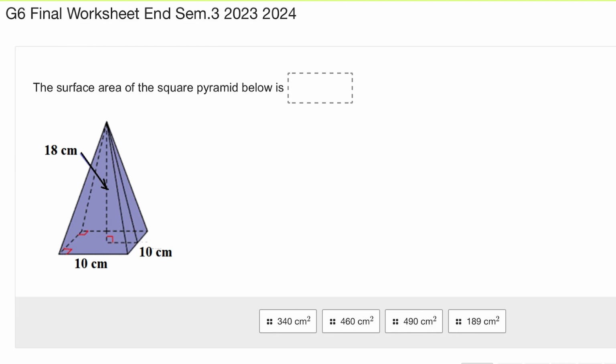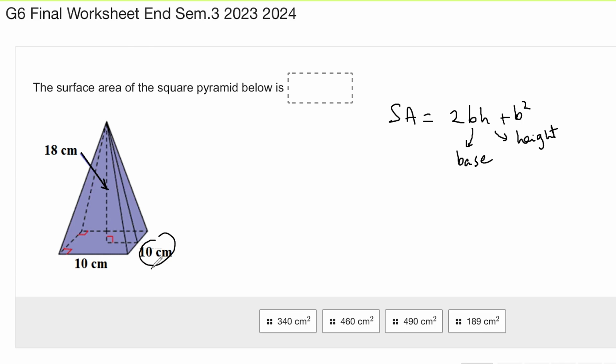The surface area of the square pyramid below. Surface area of a square pyramid is given by 2bh plus b squared. What is b? b is the base and h is the height. Here the base is 10 and the height is 18.